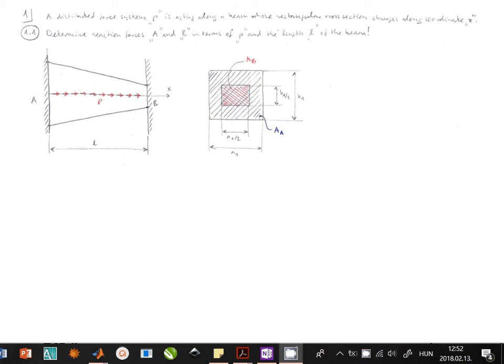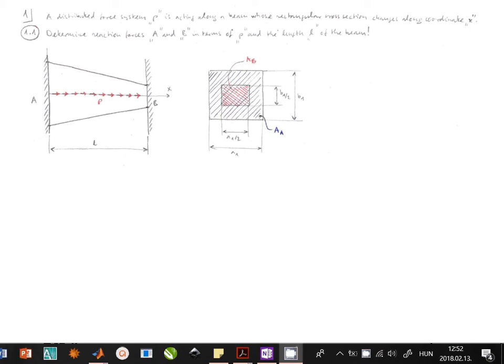So here we see a beam which is placed in between two rigid walls, and this beam is loaded along its axis by a distributed force system P, and the length of this beam is L, and the cross section of this beam is changing.